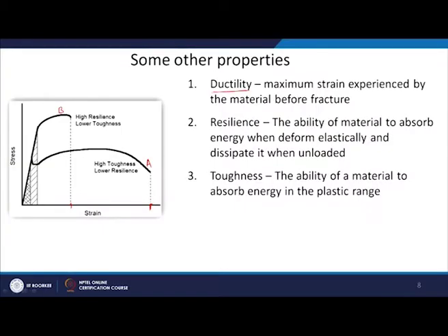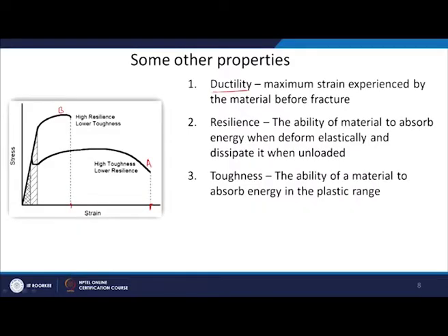This is resilience, as you can see in curve A. Up to this elastic part, whatever is the area under the curve will be the resilience. So, this much energy the material is going to take, but because this is elastic deformation, it can be recovered. Of course, it will be recovered in the form of heat afterwards.